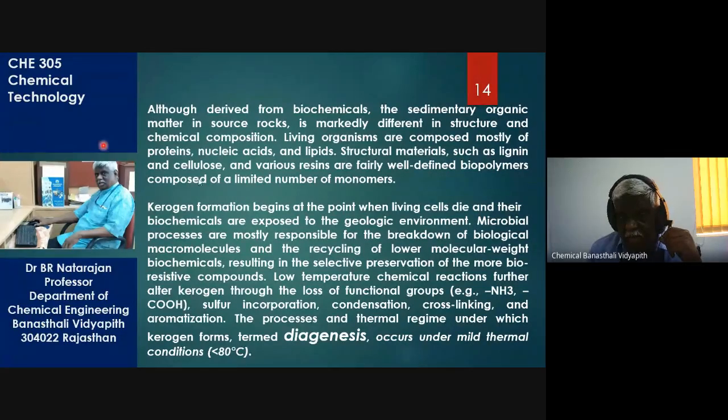It is a conversion of an aliphatic compound into a naphthenic compound into an aromatic compound. The starting set of reactions happened in the range of just about 50 to 80 degrees, less than 80 degrees, and this is known as diagenesis. Diagenesis is where some of the very simple reactions happen to kerogen to start forming hydrocarbons. So the first stage is diagenesis.